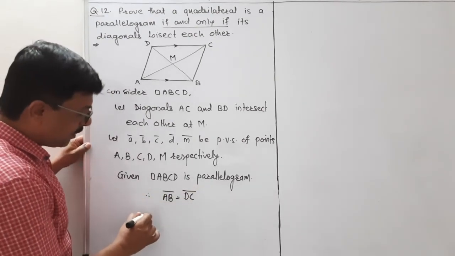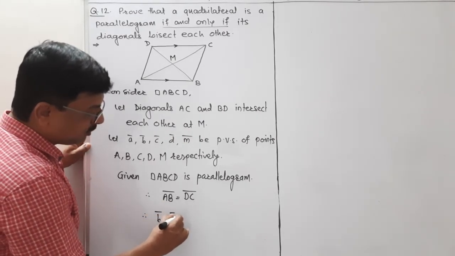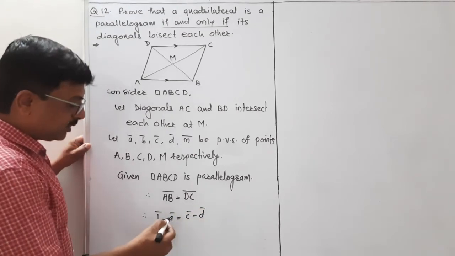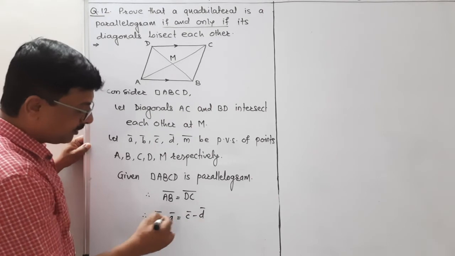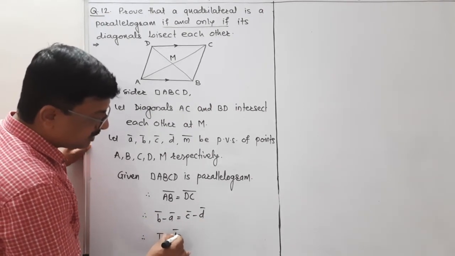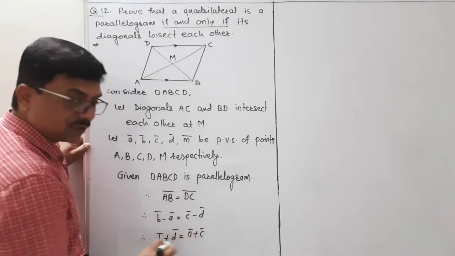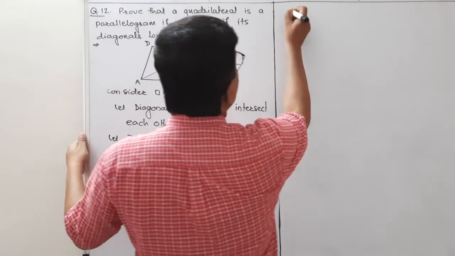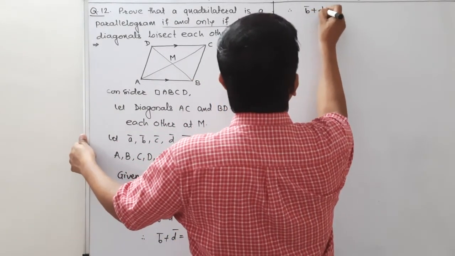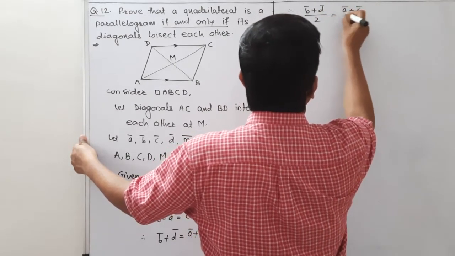Convert them in the form of position vectors. Therefore, we have B vector minus A vector is equal to C vector minus D vector. Now transfer A vector to that side and D vector to this side. Means B vector plus D vector is nothing but equal to A vector plus C vector. Therefore, B vector plus D vector upon 2 is equal to A vector plus C vector upon 2.